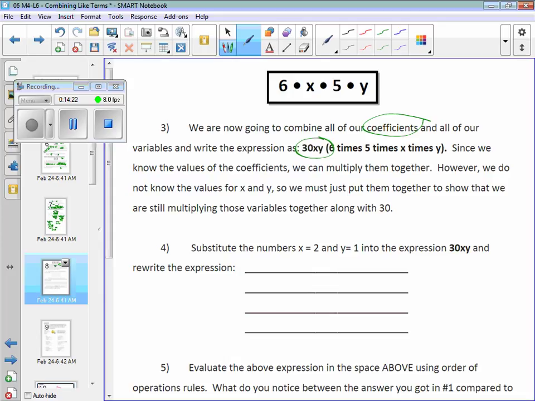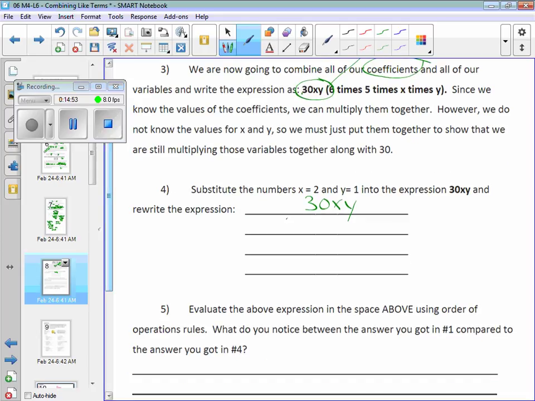How I did that was I took my 6 times my 5 to make my 30, and the x times y is really just xy. And to prove that this is the same as this, we can use substitution. I rewrite the new expression, which is the combined like terms. And remember what we got from the previous page, which is 60. That's our magic number. Now add the values for x and y.